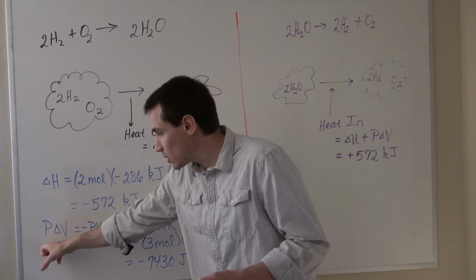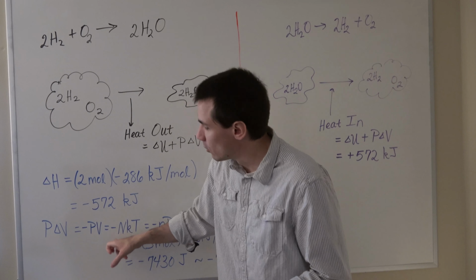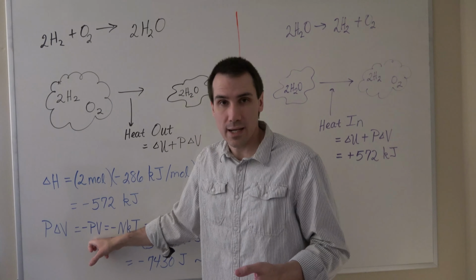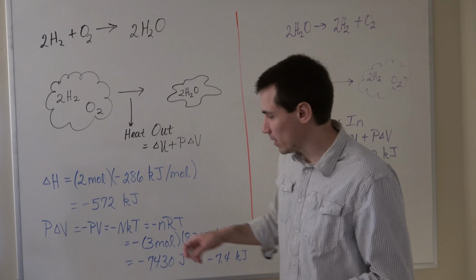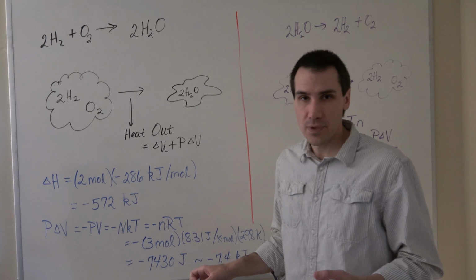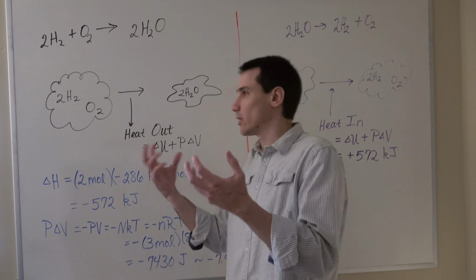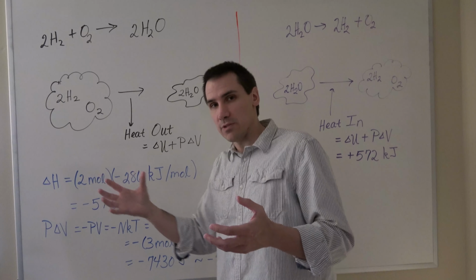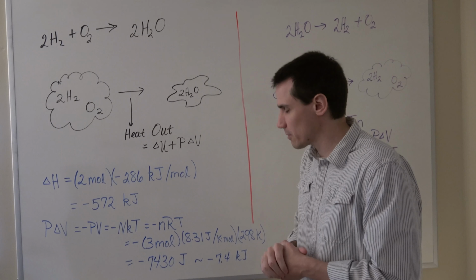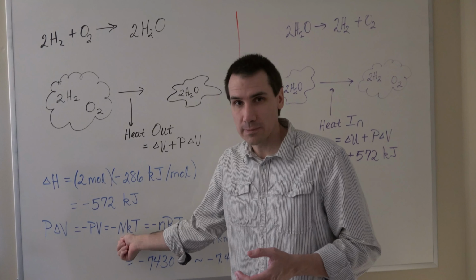So our change in P times our change in volume here looks like negative P times V. But we know from the ideal gas law that that's equal to NkT. So off the top of my head, I don't know what this volume is, how much volume 3 moles of an ideal gas takes up at atmospheric pressure at a normal room temperature, but I do know the temperature and I do know how many particles I have.